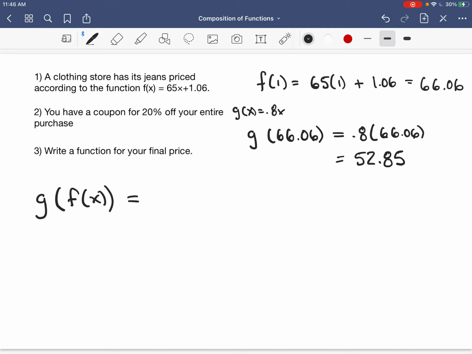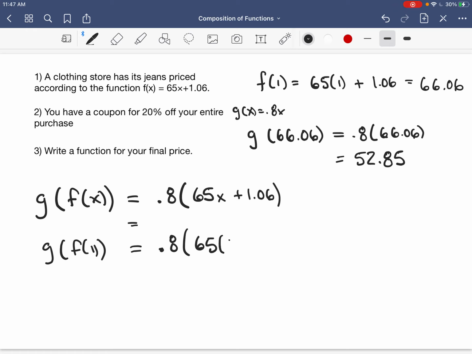So if we'd done the function g of f of x, that would have been 0.8 times 65x plus 1.06. And if we still did g of f of 1, that's just going to equal 0.8 times 65 times 1 plus 1.06, which still simplifies to 0.8 times 66.06.